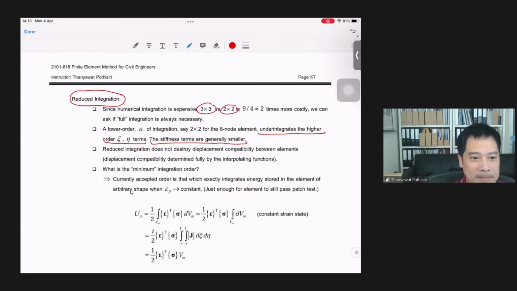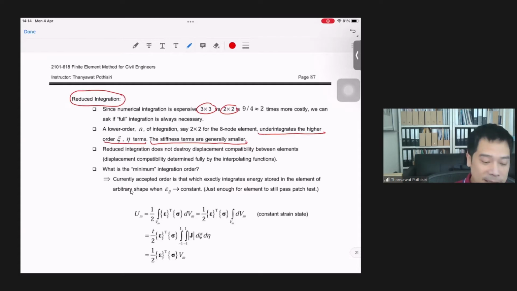Okay. So if you obtain a less stiff structure, okay, you would get a better solution, or you would get closer to the exact solution. All right. So this comes from using reduced order, reduced integration.